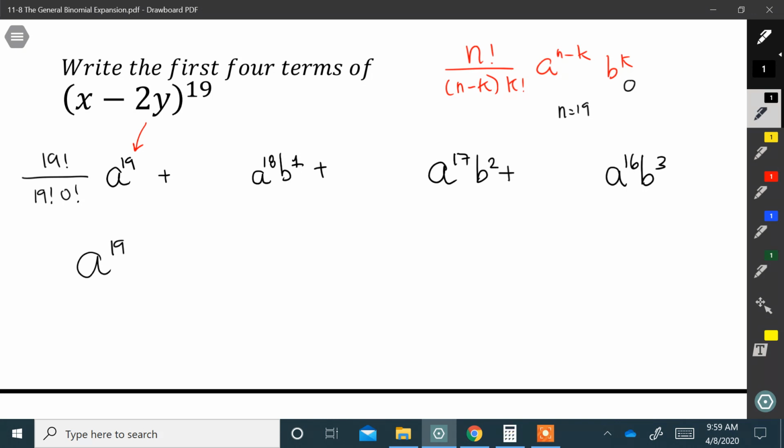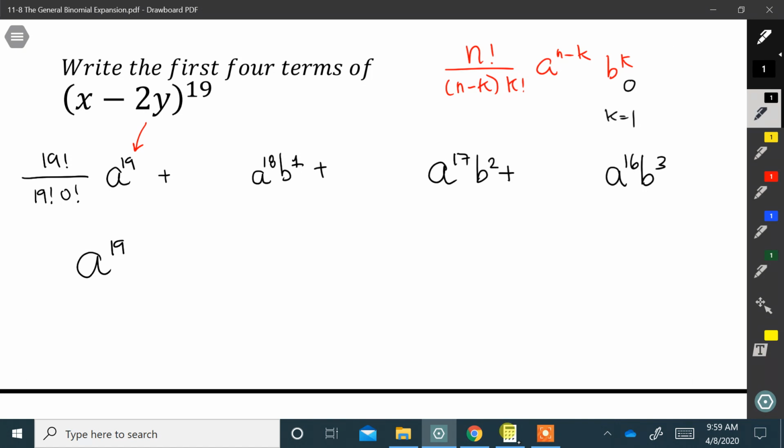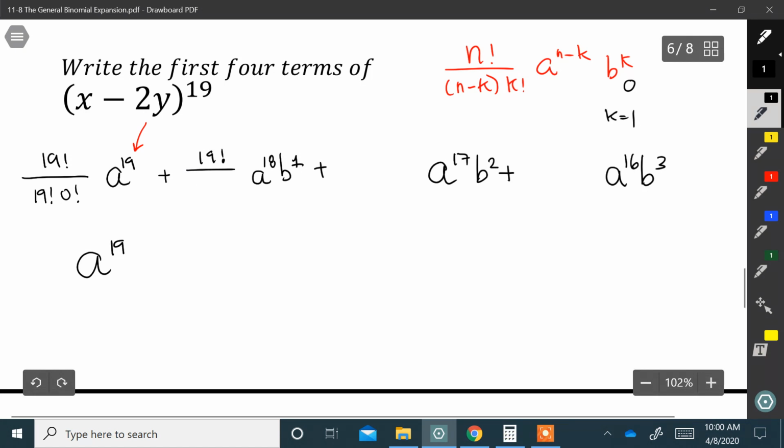All right, the other one. K is 1 now. That means that the n is always 19 actually. So we're going to have 19 factorial over n minus k, which is 18 factorial, times 1 factorial.